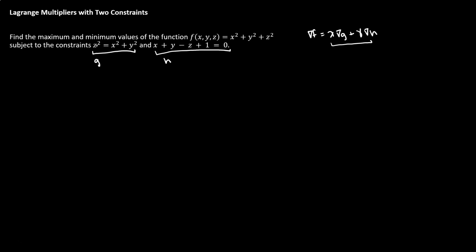To make the first constraint g, we need to move all of the terms to one side. Instead of z squared equals x squared plus y squared, we write z squared minus x squared minus y squared equals 0. So g is z squared minus x squared minus y squared. And h is already equal to a constant, so h is x plus y minus z plus 1.